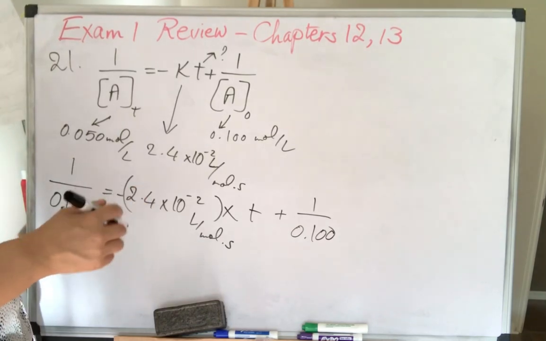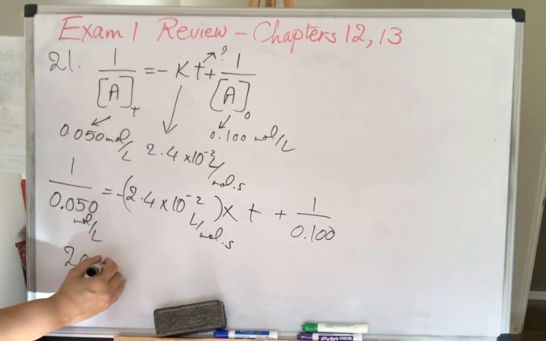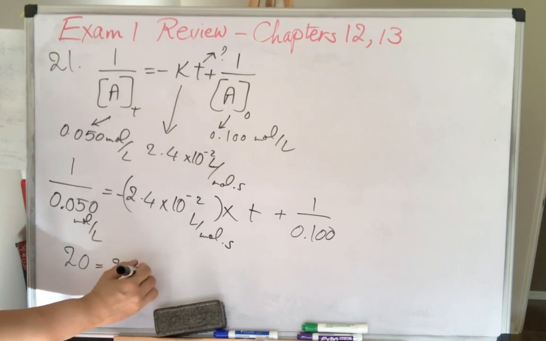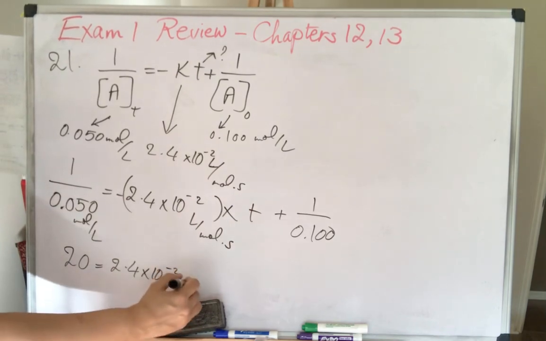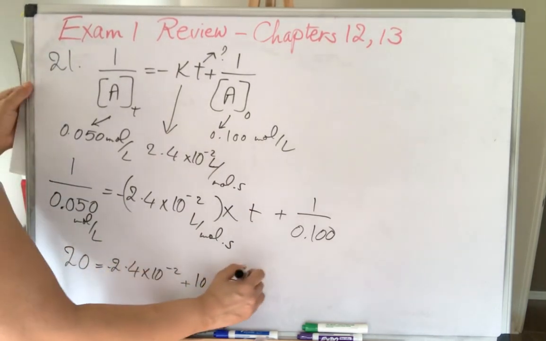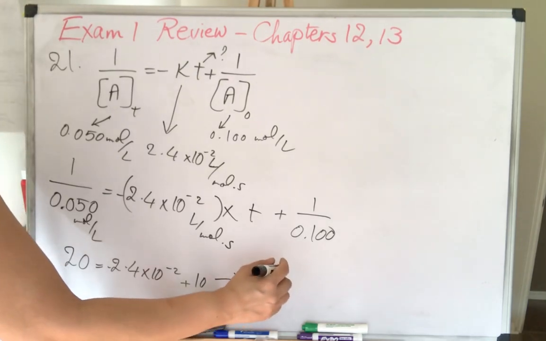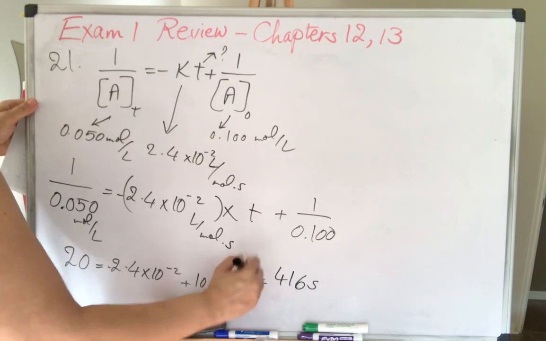So on the left side you have 20, and on the other side you have 2.4 times 10 to negative 2 times T, and here you have 10. Then T, I found, is 460 seconds.